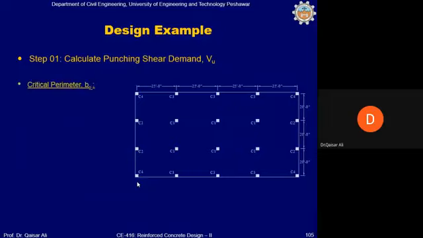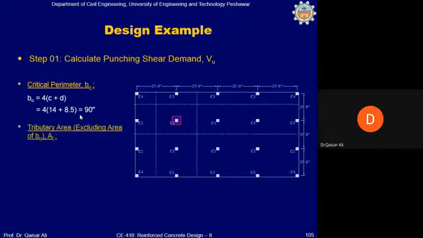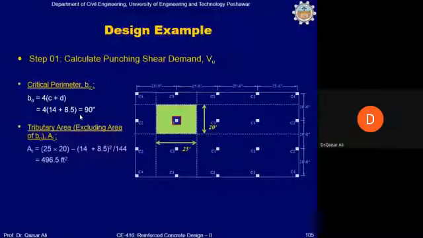Okay, let's say we calculate punching shear for an interior column, this one. B naught is equal to 4 into C plus D, so 14 is the column size, 8.5 is this, 90 inch. Tributary area, excluding the area of B naught: this is L1 into L2, and this is C plus D whole squared divided by 144.